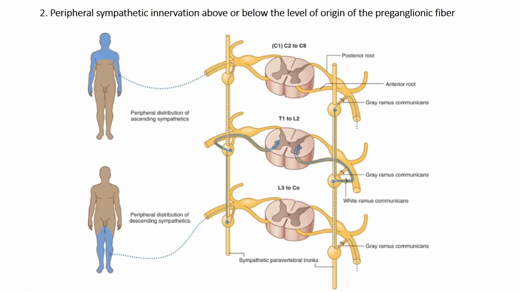So it's not always, but it's usually. So that's why the postganglionic fibers can innervate the upper level, the periphery of the upper level, it means the head and neck, for example, or the lower limb, supplied by the postganglionic sympathetic innervation.